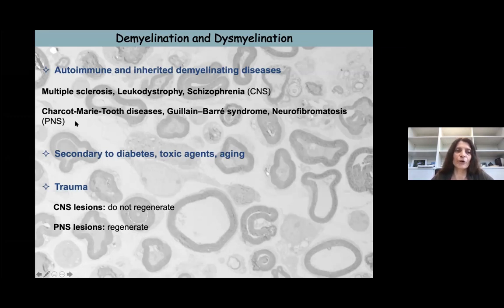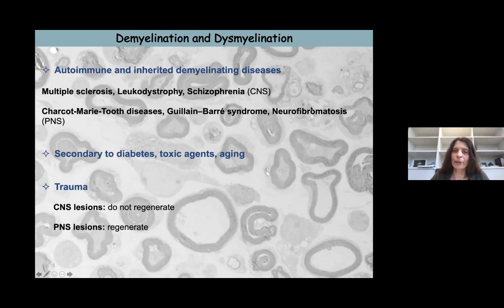And in the peripheral nervous system, there's a large group of inherited peripheral neuropathies called Charcot-Marie-Tooth diseases, and some subtypes are demyelinating. In the case of Guillain-Barré syndrome, there's demyelination induced by a viral infection, and in some cases people can fully recover, but in other cases some defect remains.